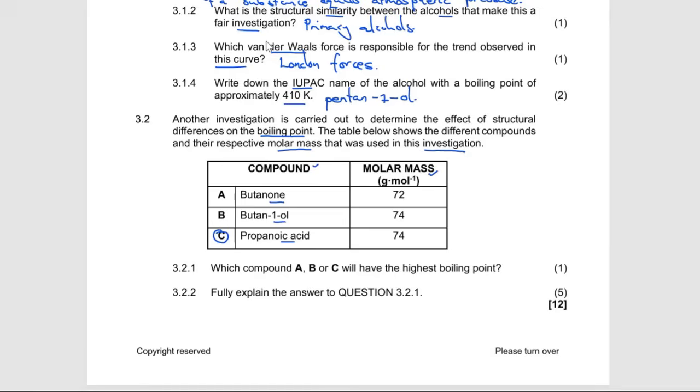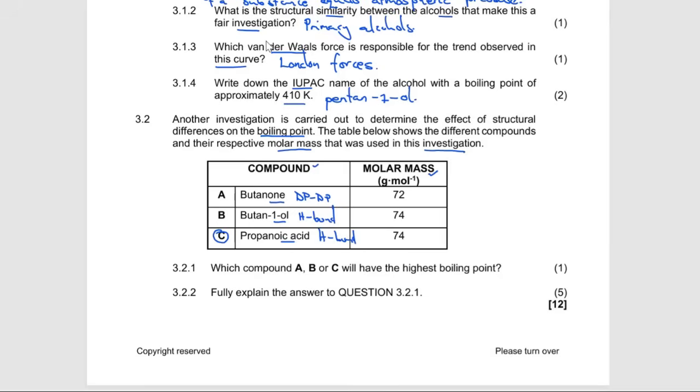So in terms of this, it is comparable, but this one here, which is a butanone, is going to have what? Butanone is a ketone, so it's going to have dipole forces, right? Then on this one here, which is our butan-1-ol, is an alcohol. What we are going to have there is hydrogen bonds. I'm going to just say H bonds, and then also propanoic acid is going to have what?